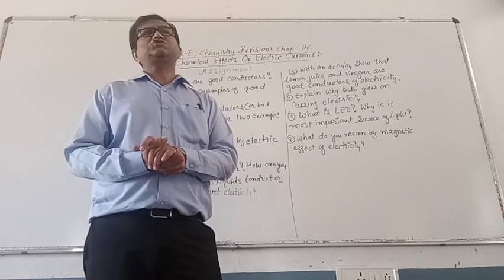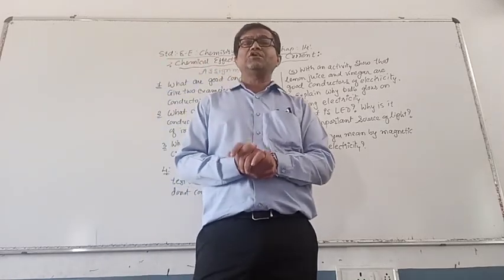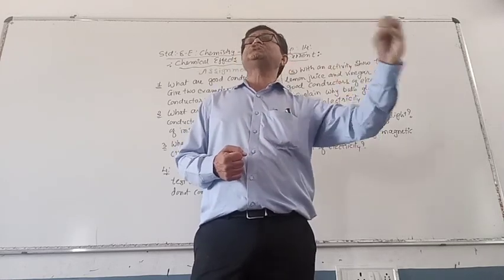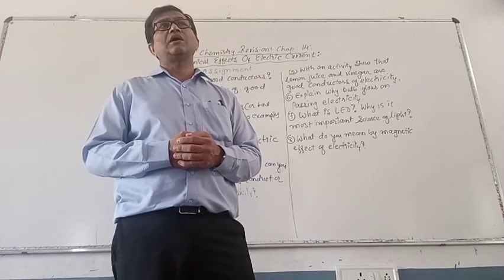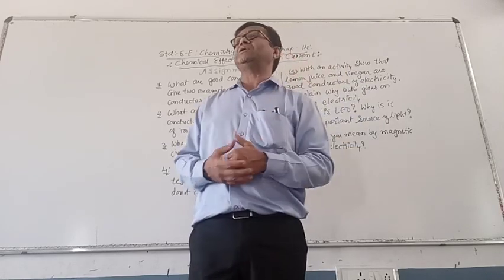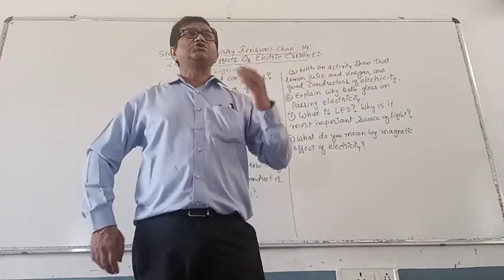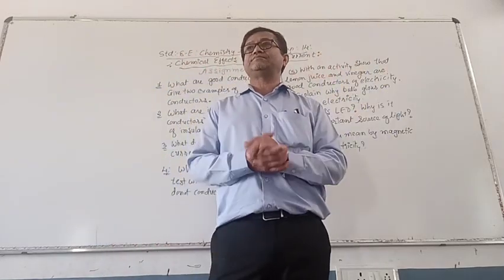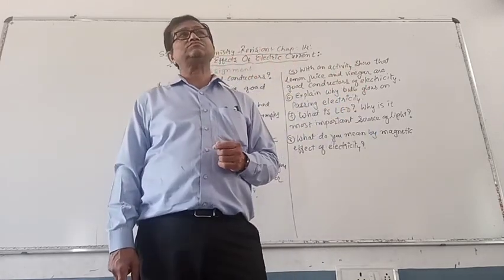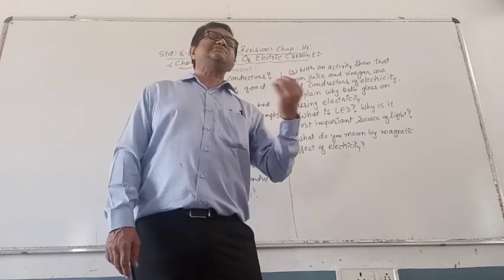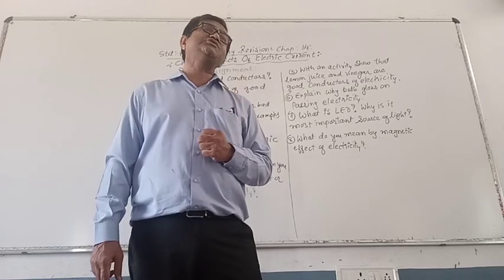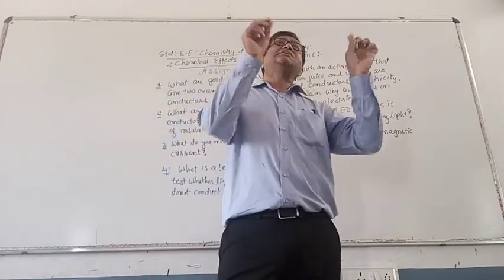Now, as we talked, not all the materials allow the electricity to pass through them. So the materials or the substances which allow the electricity to pass through them easily are known as the good conductors. For example, what do we use in our electric joints?